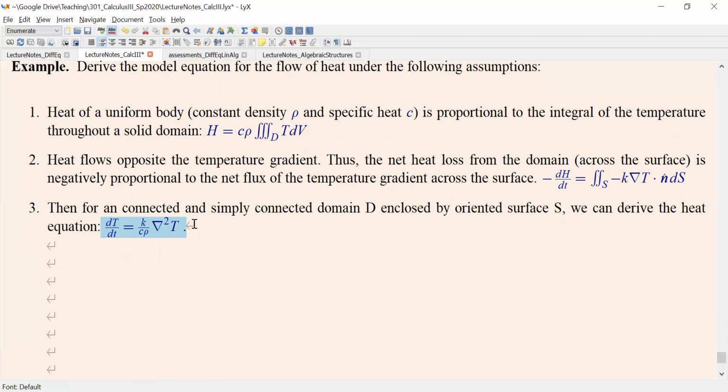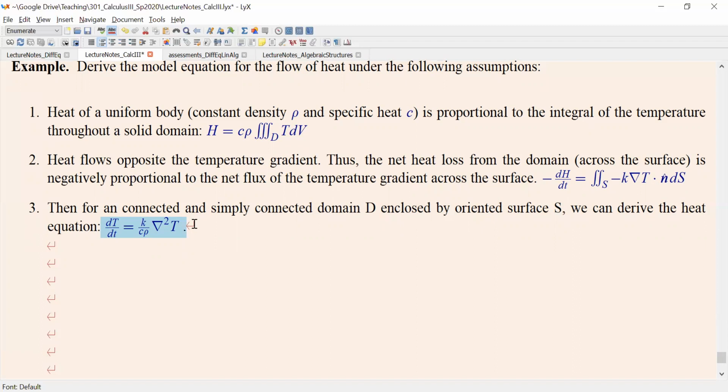This is one of the top 3 most famous partial differential equations for describing relationships, not just heat, but we're talking about things like stock markets, the diffusion of chemicals in the air.